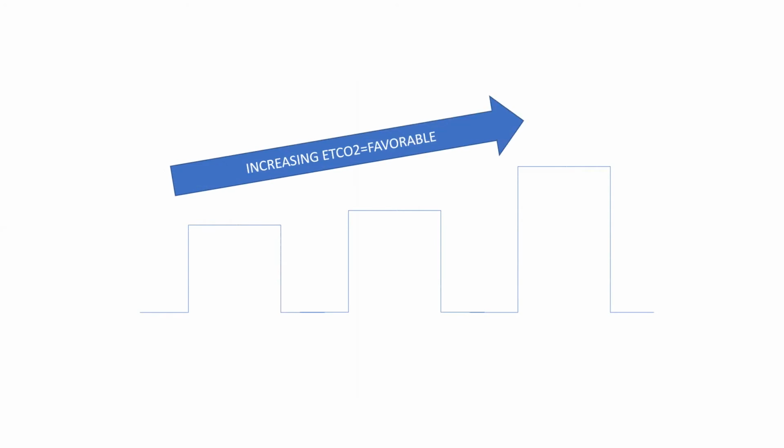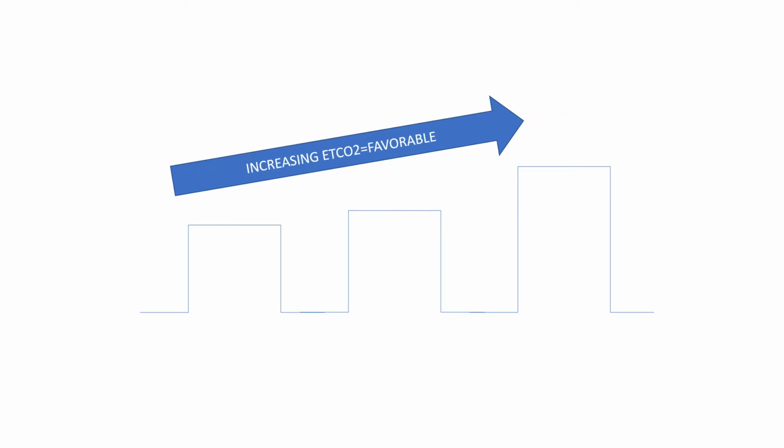So let's imagine you've got this initial end-tidal CO2, and it's steadily increasing upward. If it keeps going up as you're working the patient, that is favorable, because theoretically, if you are doing good CPR and the end-tidal keeps going up, that means that the patient has cellular function.